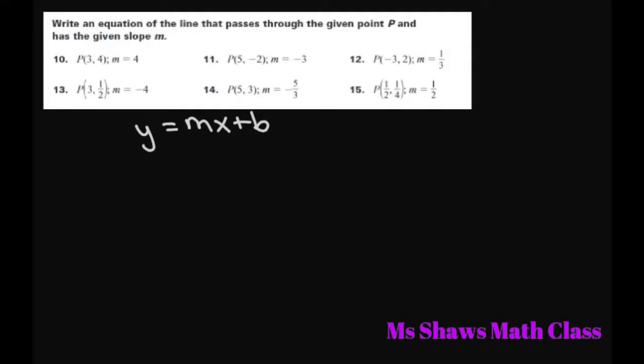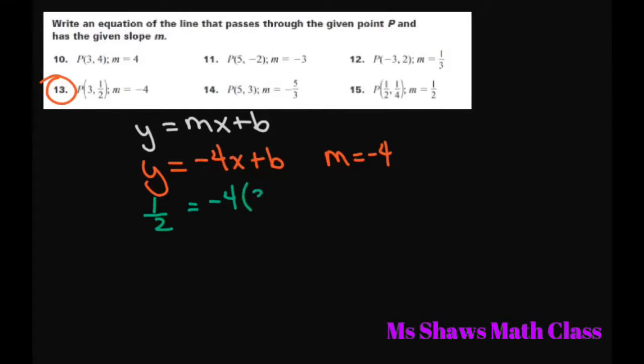We're getting more into some fractions here. So we're going to write our slope in. This is 13. y equals negative 4x plus b. That's because m equals negative 4. And then we substitute in our point. y is 1/2 equals negative 4 times 3 plus b.